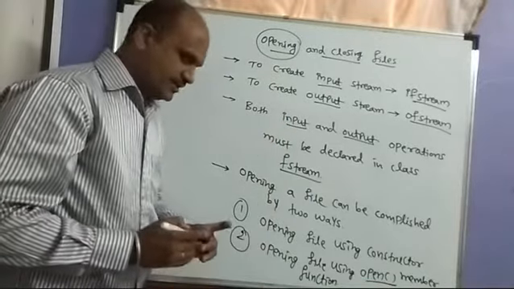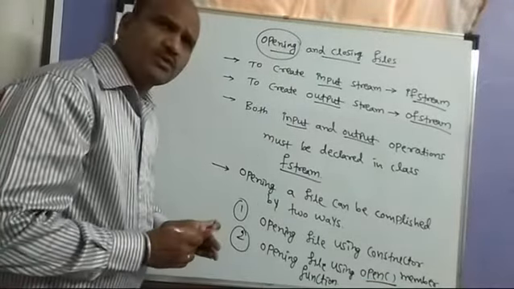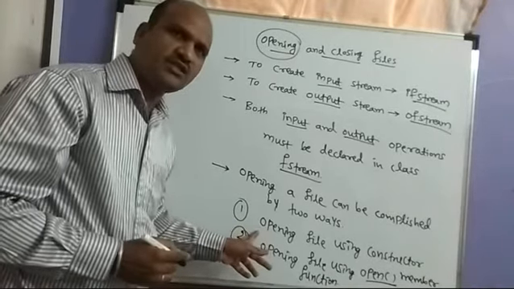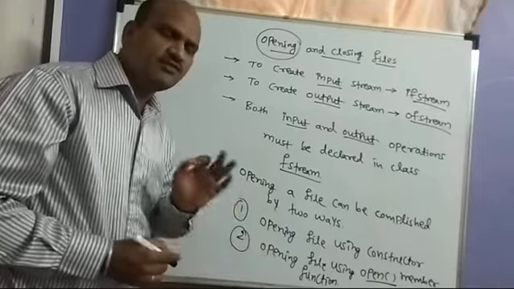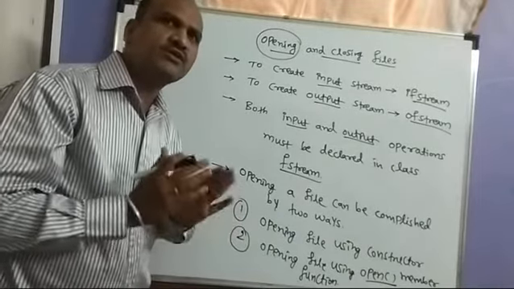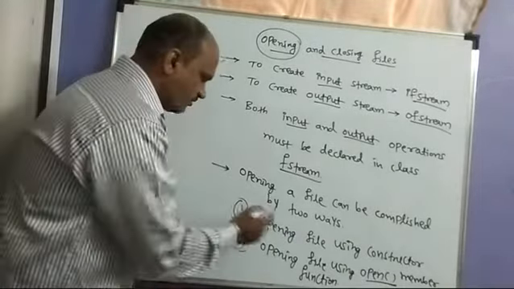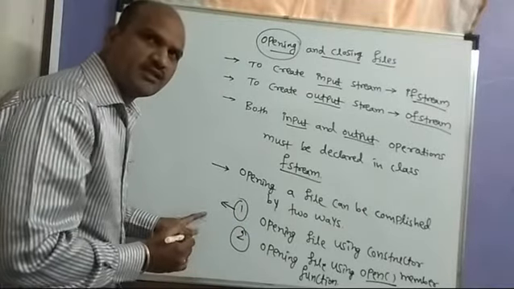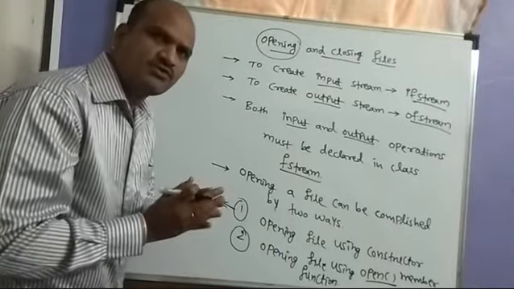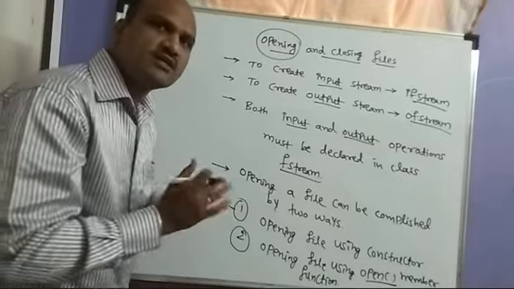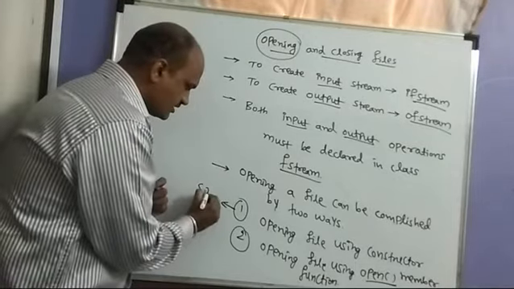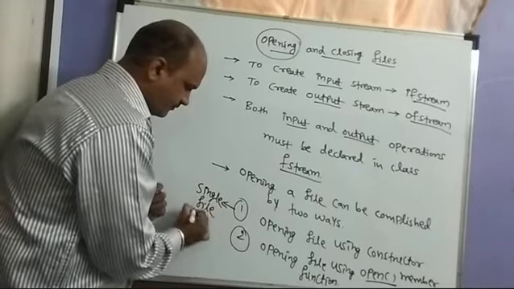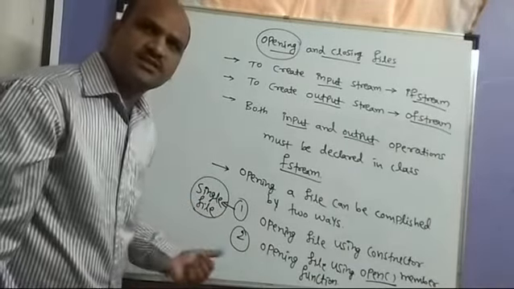When you go to the first method, as we are using the constructor, this method is preferred only when a single file is used. Opening a file with the constructor is used when it is a single file.